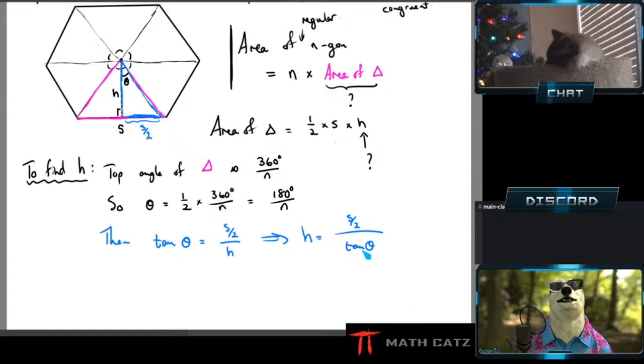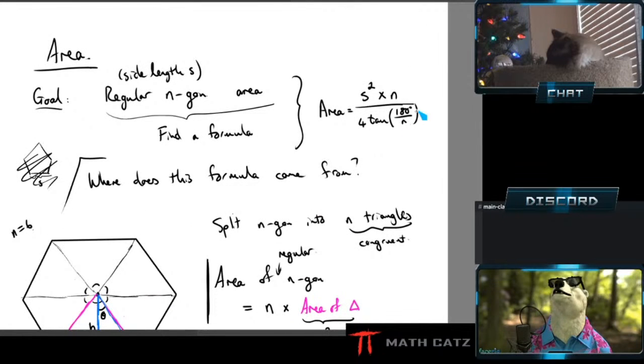If I clean this up a little bit, H is S over 2 tan theta, which was 180 degrees over n. And you see slowly where this formula is starting to take shape. Not quite, but you see the tan popping out.